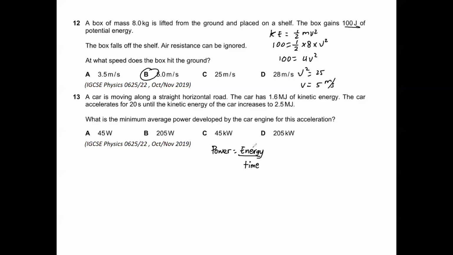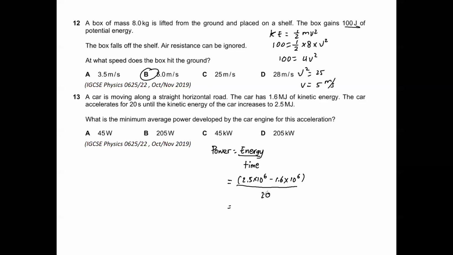So power can be energy over time or work done over time. But right here they give you the kinetic energy, so we use energy over time. Because this one has increased, we want to find the change in kinetic energy. So 2.5 times 10 to the power 6, because mega, minus 1.6 times 10 to the power 6, over the time, which is 20.